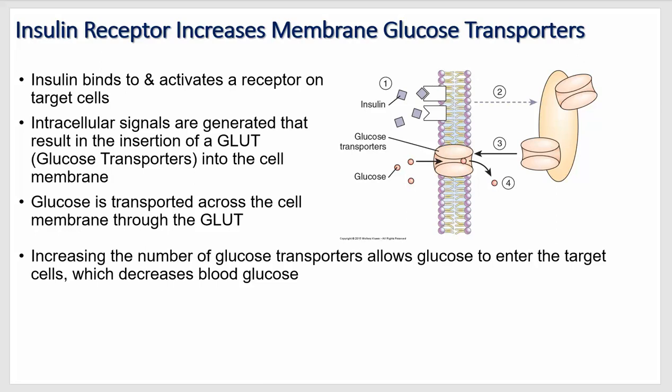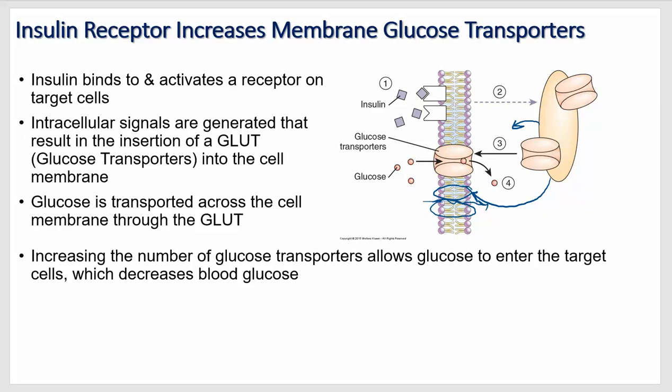Again, there's a lot of research into what causes type 2 diabetes, and we just don't know all of the things that are going wrong with it. But one that has been found is that this process isn't taking place. These glucose transporters are not moving to the membrane and being inserted into the cell membrane, so glucose can't move through. That's a step that doesn't seem to be happening properly.